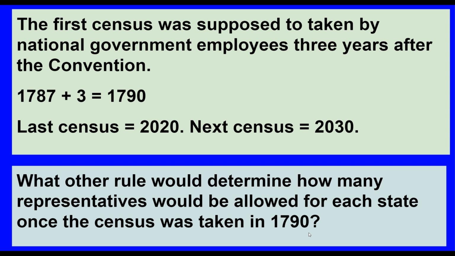Now, down at the bottom, what other rule would determine how many reps would be allowed for each state once the census was taken in 1790? So, we just don't need to know what the population is of each state. There's something else we have to know too.